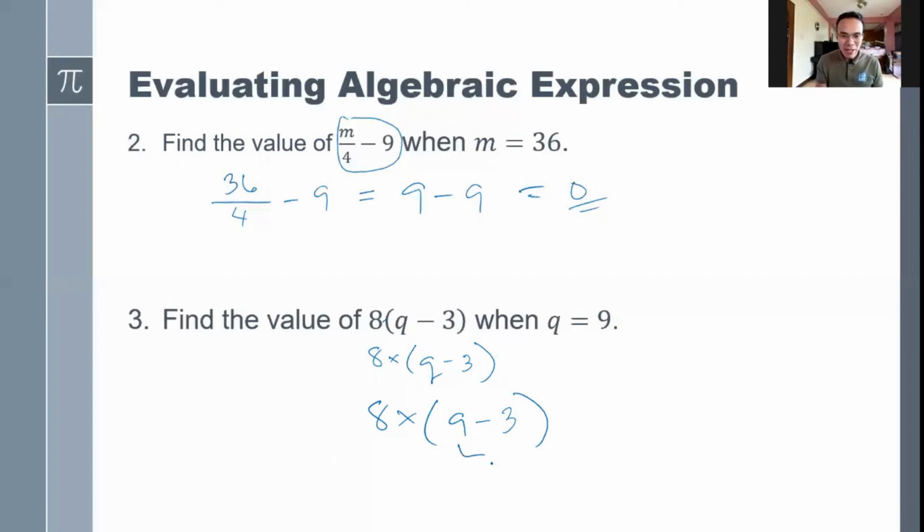So 9 minus 3 here is 6. We have to simplify first the terms inside a grouping symbol. So this is equal to 8 times 6, and 8 times 6 is 48. Final answer. 48 is the value of 8 times q minus 3 when q is equal to 9. Okay?